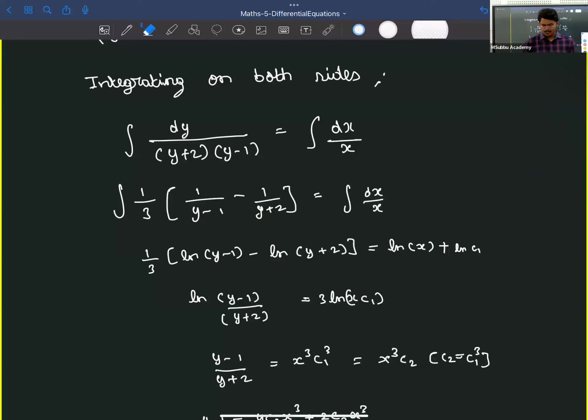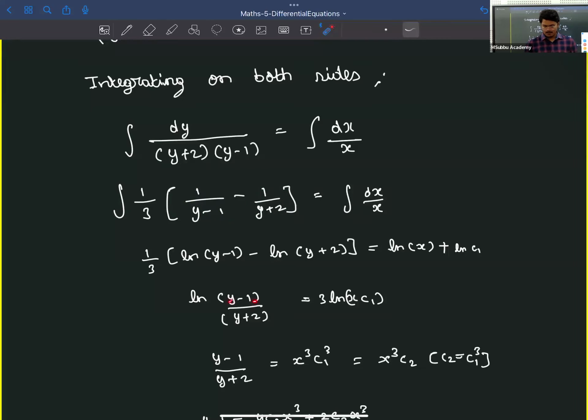Okay, so after splitting it, you can directly integrate this term. So when you integrate, 1 by 3 will be just common. Integration of 1 by y minus 1 will be ln of y minus 1. Again, integration of 1 by y plus 2 is ln of y plus 2. So ln a minus ln b is ln a by b.